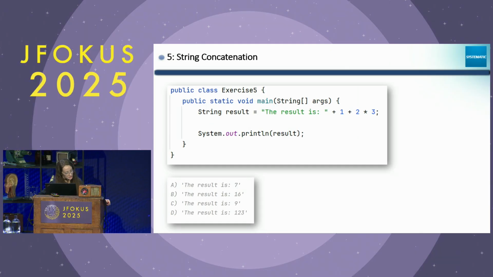All of them are being selected. Let's see which one will be the winner. We are in between either the result is 7 or the result is 16. The operation over there is 1 + 2 multiplied by 3.